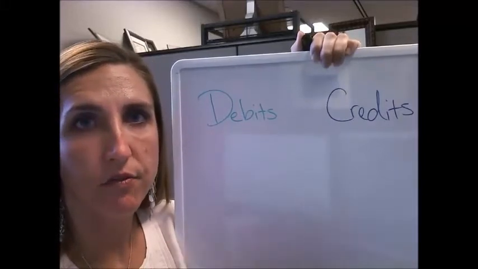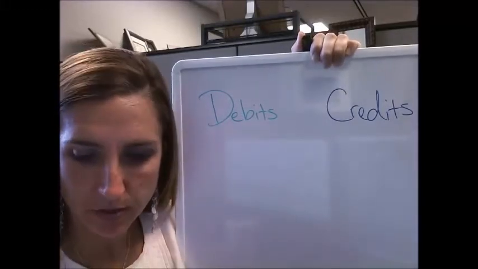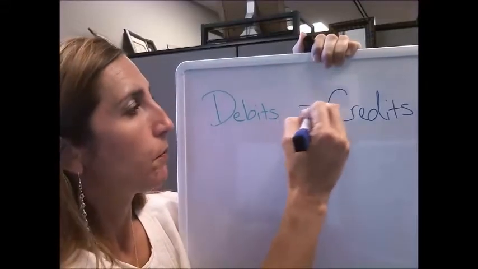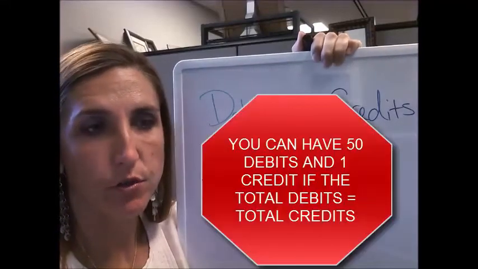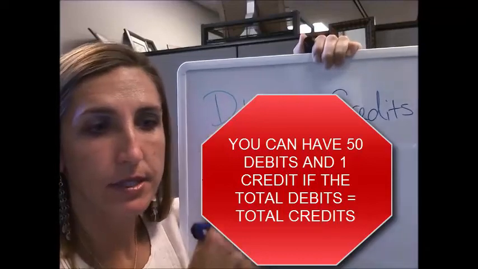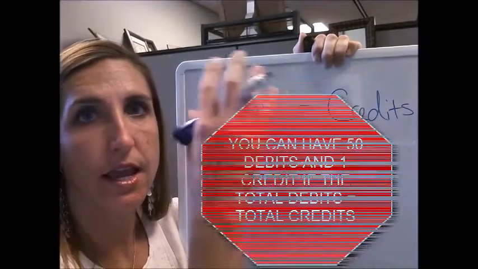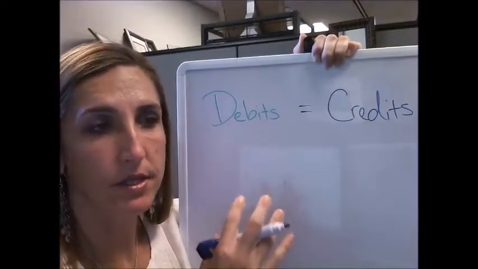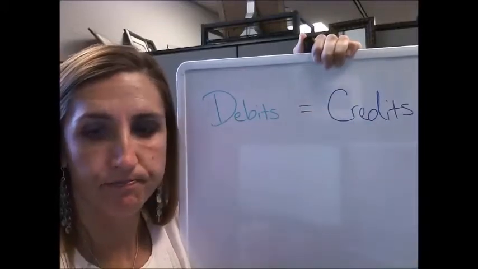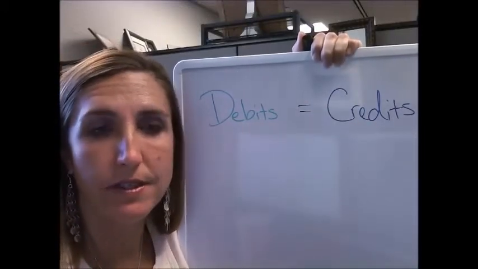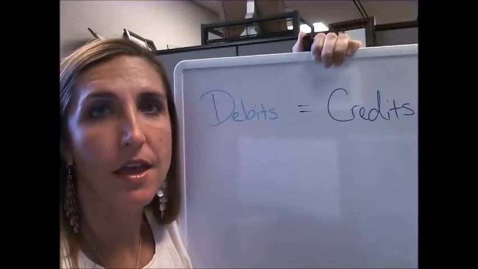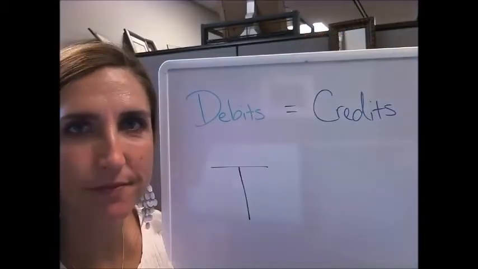So that's going to be the first rule, is that your debits will equal your credits on every transaction. I don't have 50 debits and one credit. I have the same amount of debits that I do for credits. That will be our first rule in this session, and then we will talk about applying those debits and credits.